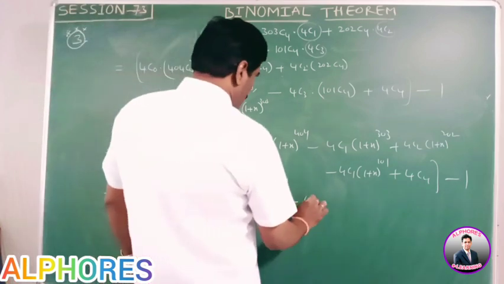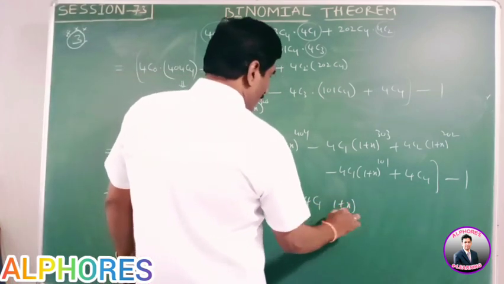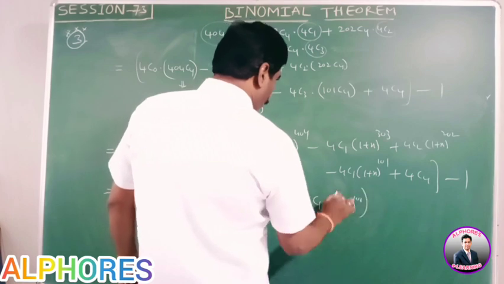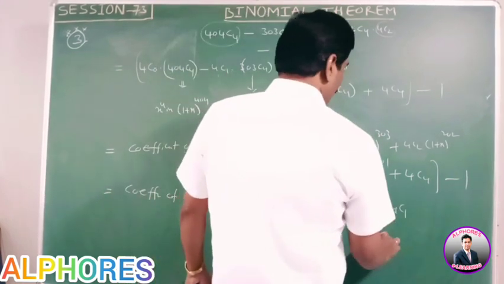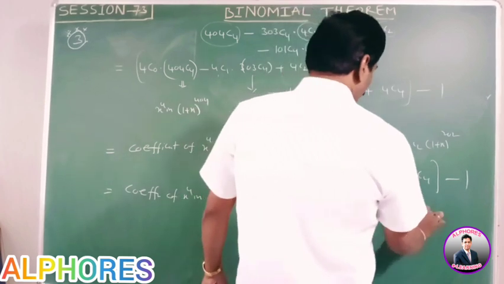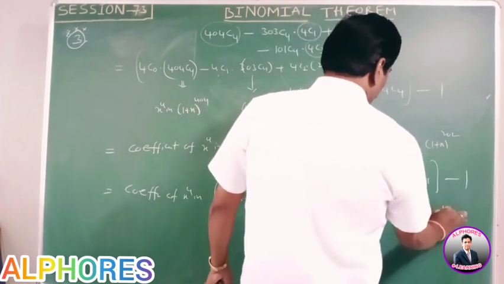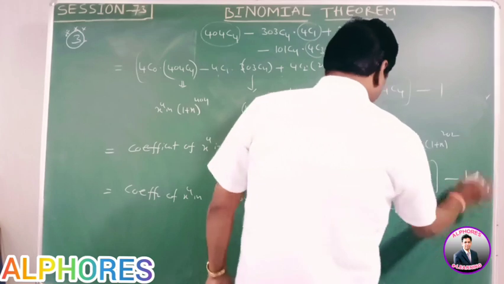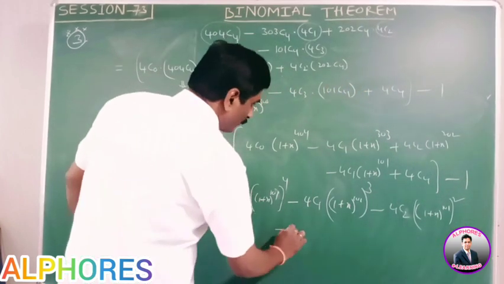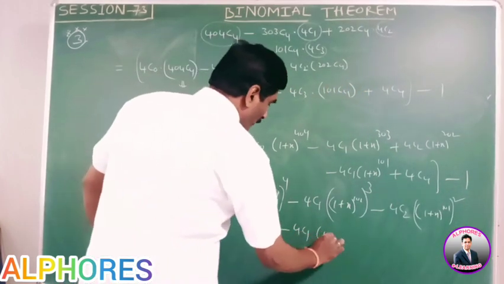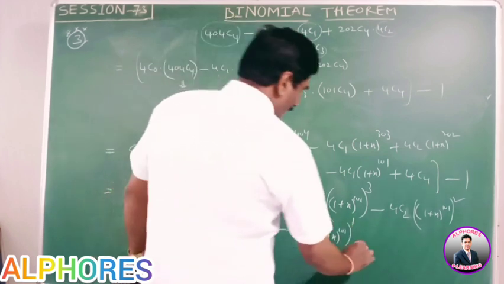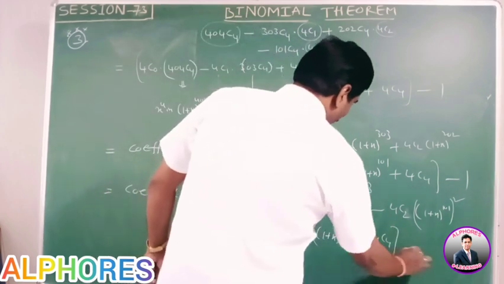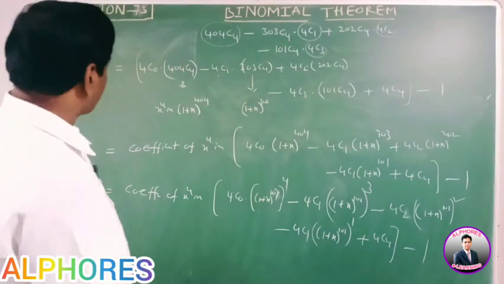Next, minus 4C1 into ((1 plus x) whole power 101) whole cube. Next, plus 4C2 into ((1 plus x) whole power 101) whole square. Next term is minus 4C3 into ((1 plus x) whole power 101) whole power 1, plus 4C4 minus 1. Any doubt in this value? Please observe this value.